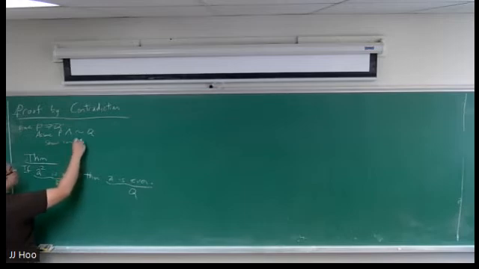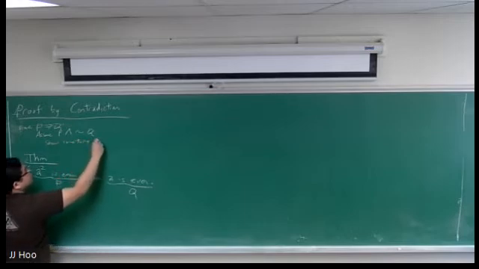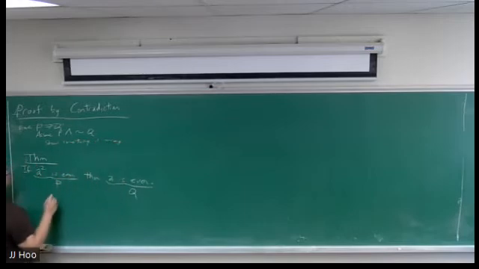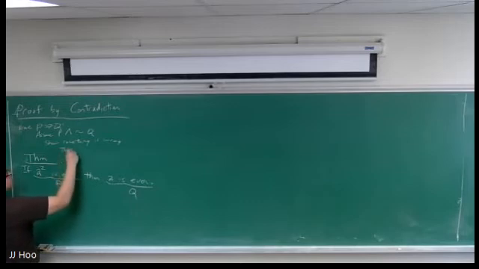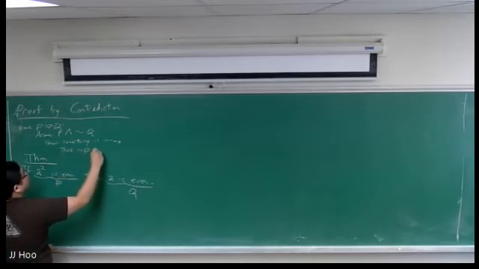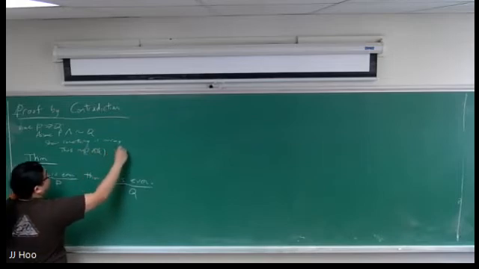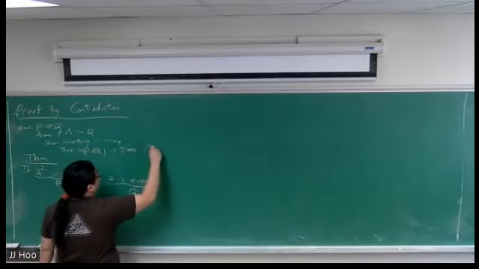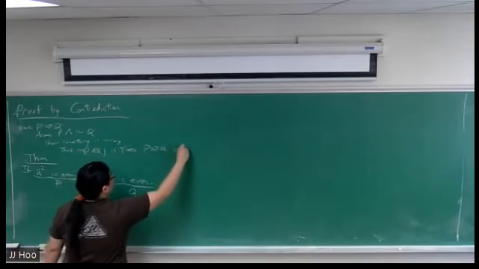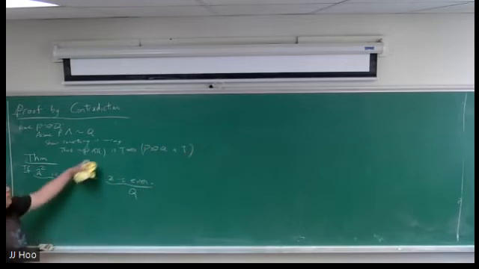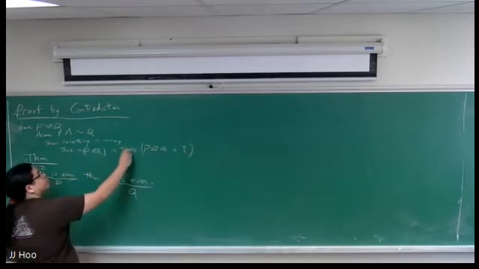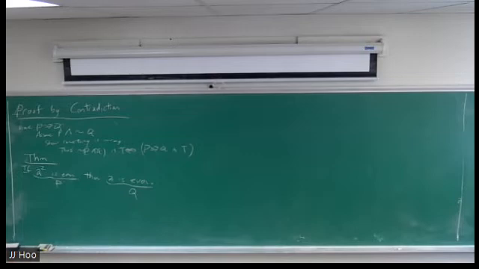So if we assume this, something goes horribly wrong, so its negation must be true, which implies that P implies Q is true, because these are logically equivalent. So that's how I do proof by contradiction.